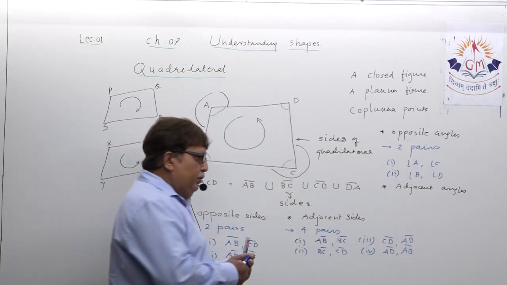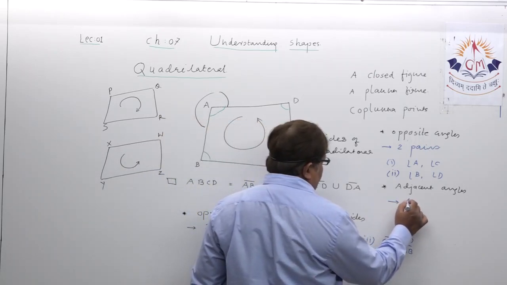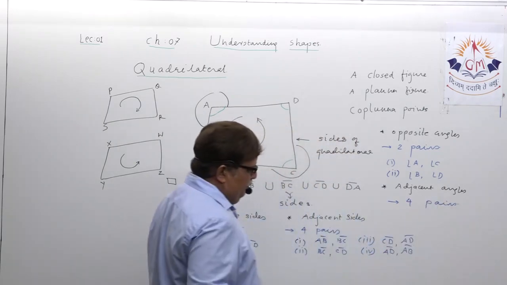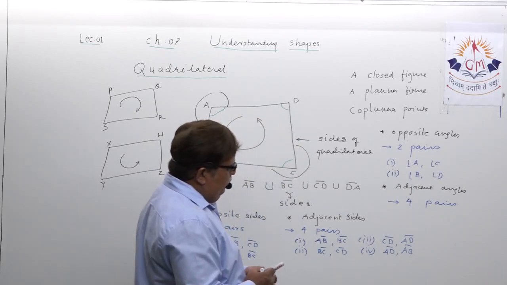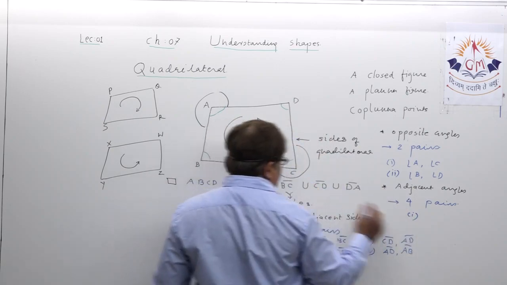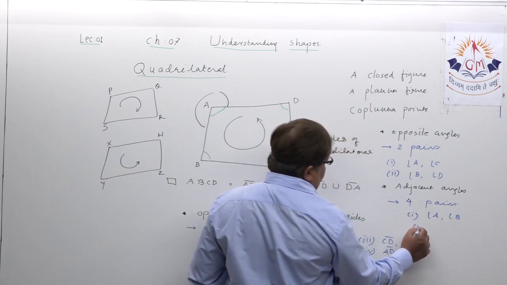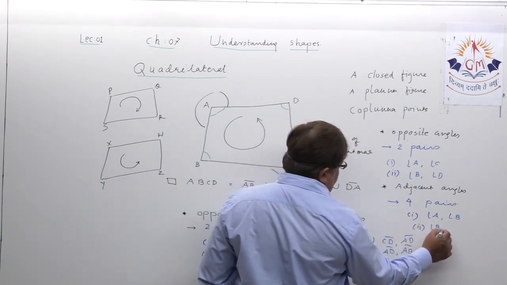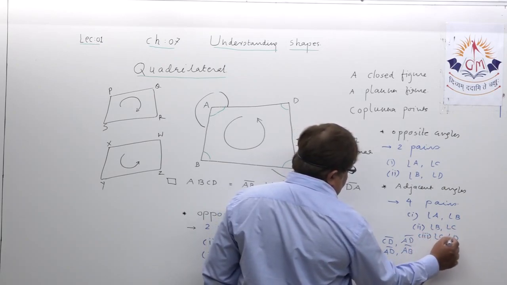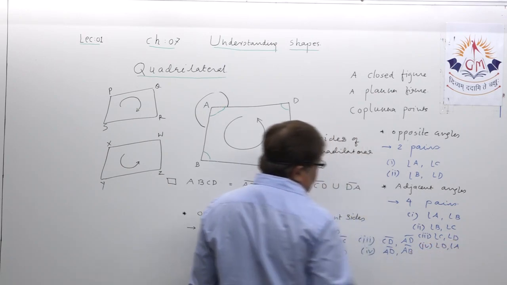Can you tell how many pairs of adjacent angles a quadrilateral has? Obviously, four pairs of adjacent angles. Just try to name them first. Angle A and angle B. Second pair, angle B, angle C. Third pair, angle C, angle D. Fourth pair, angle D, angle A.